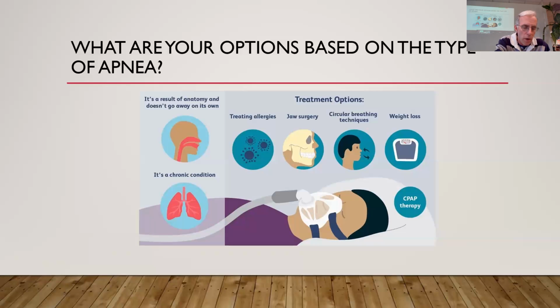And then they record everything from your muscle activity, lungs, oxygenation, heart rate, etc., while you're asleep. And that's when they can come up with everything they need to know about what's really going on.